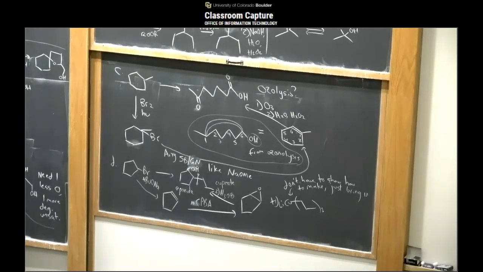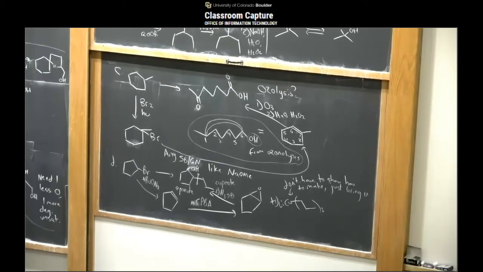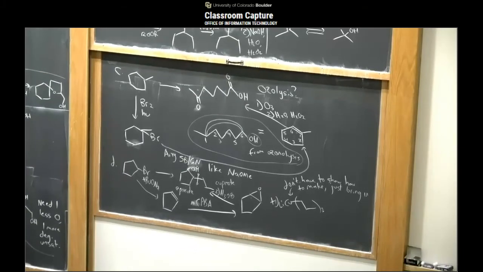Okay, so questions about this first step, applying the orbitals. Okay, so for this one, let me try to squeeze it in up here. So in this case, again, the atom that's doing the attack is this oxygen with its lone pairs. So lone pairs on oxygen, a different oxygen than over here.